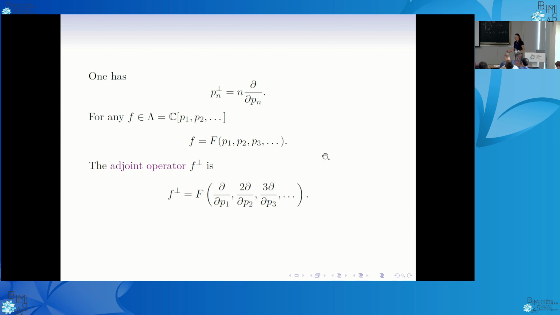They create the action of the Heisenberg algebra on the ring of symmetric functions. And for the other ones, if we know how a symmetric function is expressed as a polynomial through power sums, then we can easily write down the adjoint operator. Just instead of variables, we write down these differential operators multiplied by 1, 2, 3, and so on.